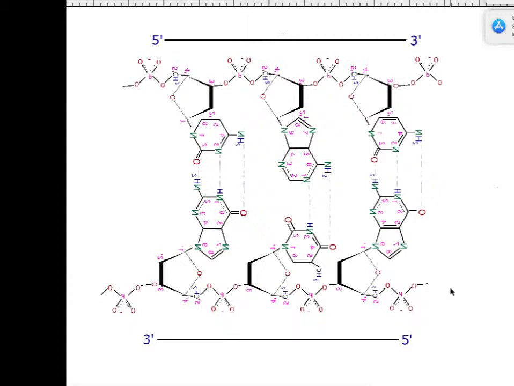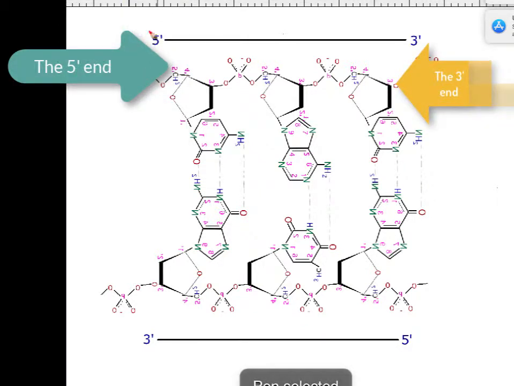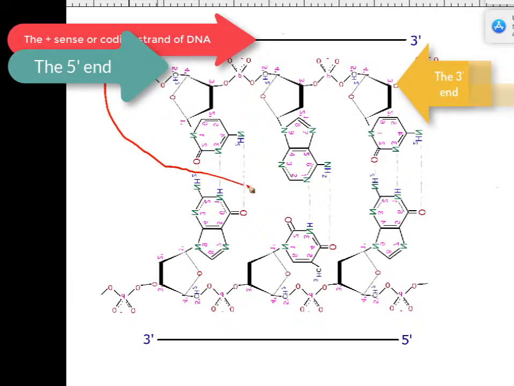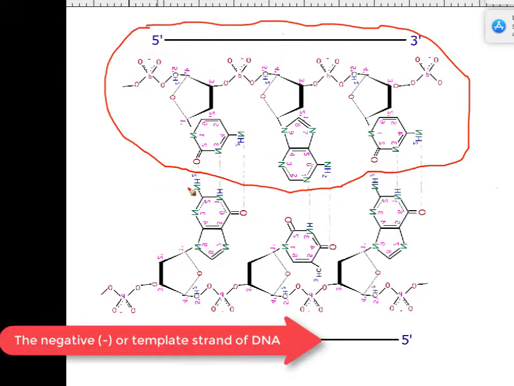So notice that what we've shown as the quote-unquote top strand right here, this is the 5' to 3' strand. Sometimes we call that the sense or the plus strand of DNA. And then, of course, by default, the negative strand or the 3' to 5' strand there on the bottom.